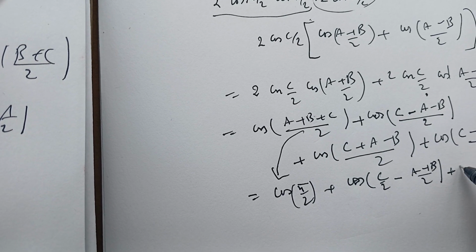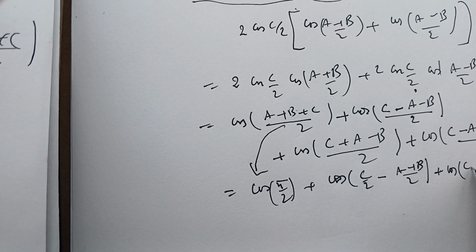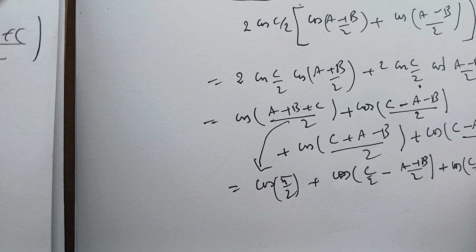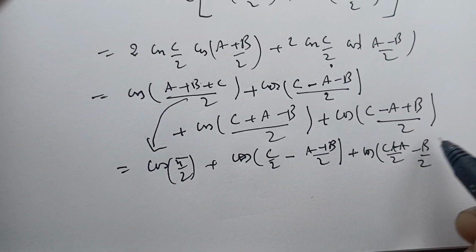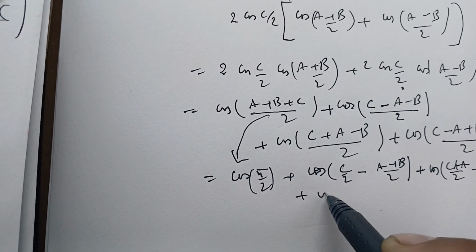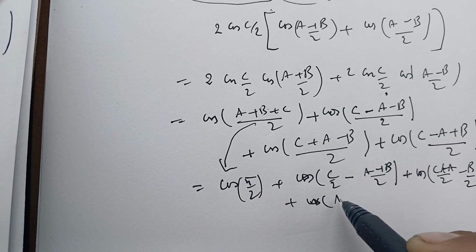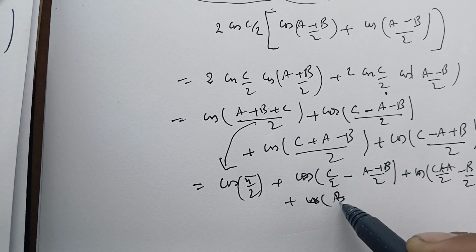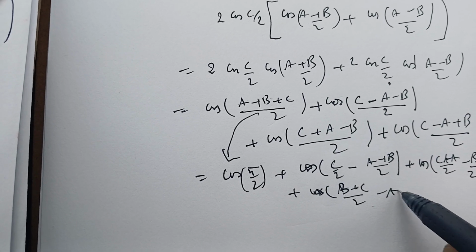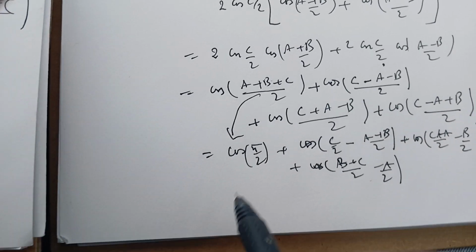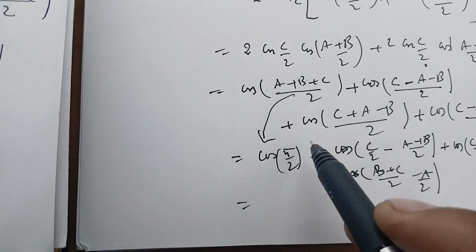Here I have cosine of C plus A over 2 minus B over 2. And in the last one I have cosine of B plus C over 2 minus A over 2. Now the first term is 0.